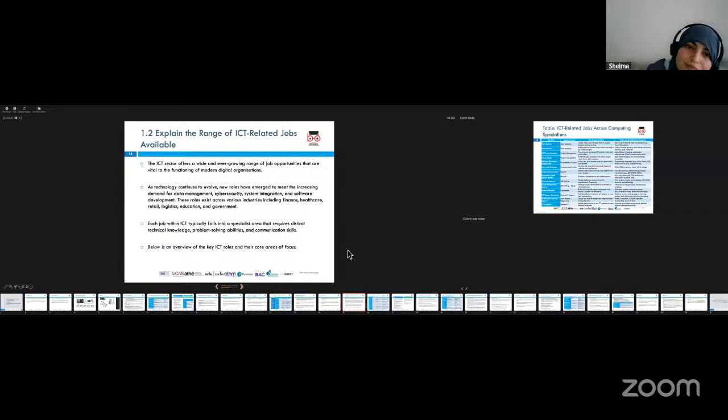Yeah. Now, the second assessment criterion we'll look at very quickly is the range of jobs related to this sector. What kind of jobs are there in this sector? If I was doing a computer course, what I want to understand is what types of jobs are available to me as a person completing this course. Now, there are 94 different types of roles within IT that you can get into.